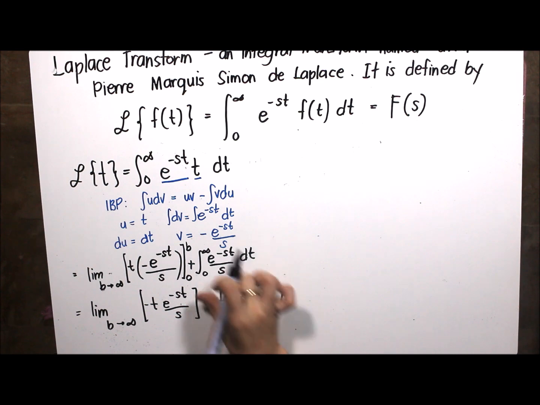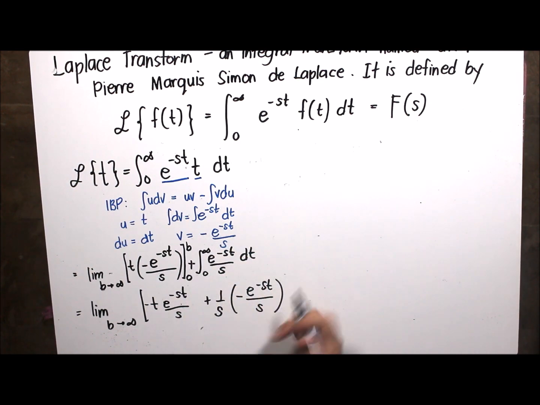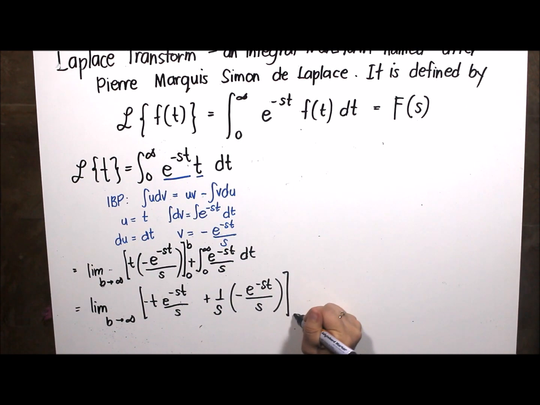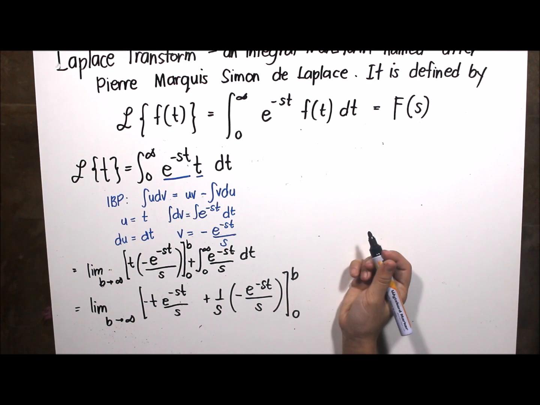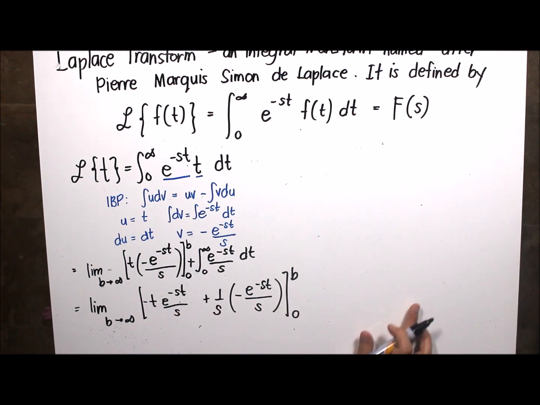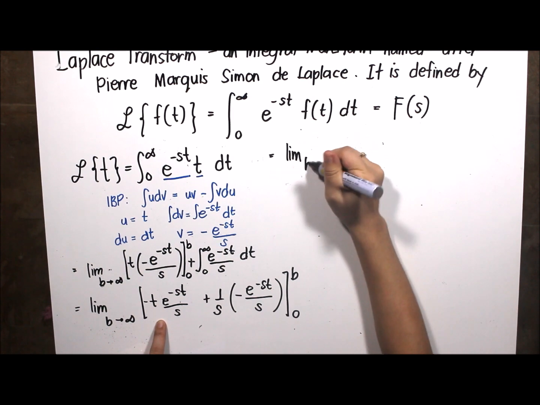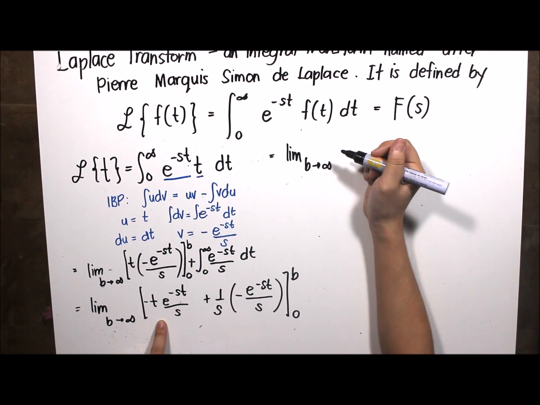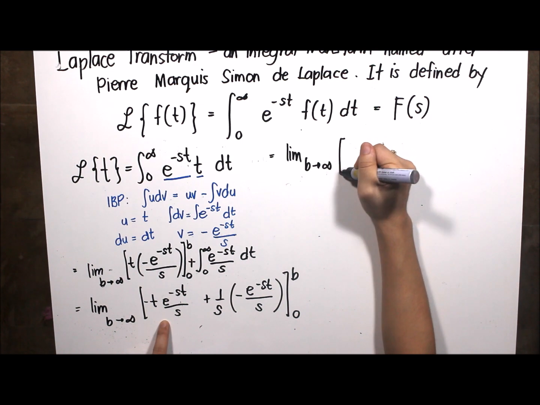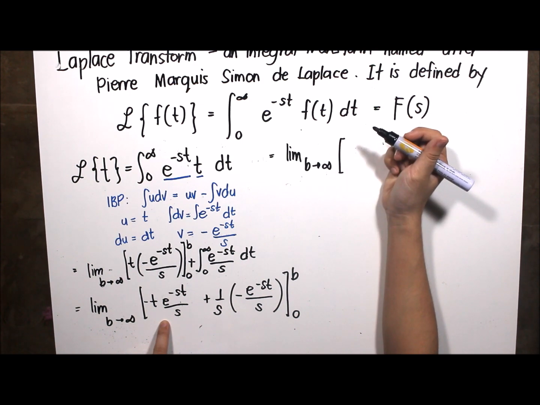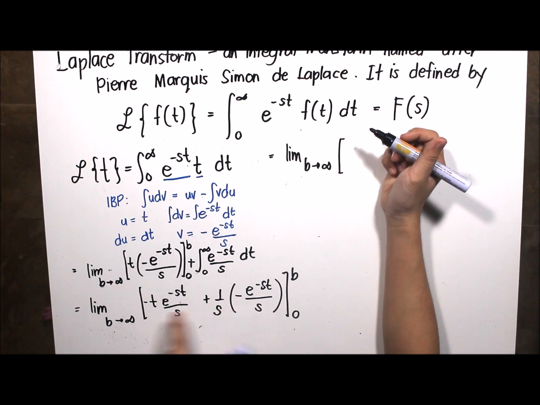So, ang gawin natin dito, samahin na natin yung dalawang term. And that would be from 0 to b. So, ayusin natin ang itsura ulit. Pwede natin itong isulat as the limit as b approaches to infinity. Pwede nating i-factor out si e raised to negative st. Labas natin siya ito.